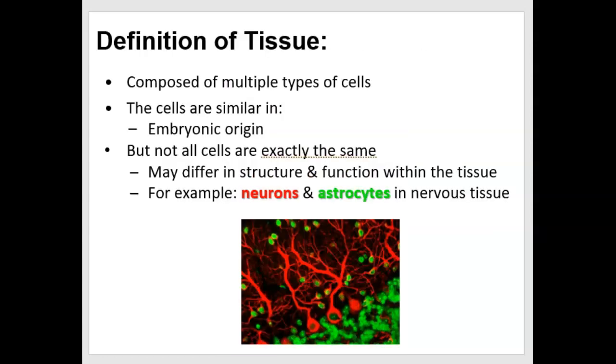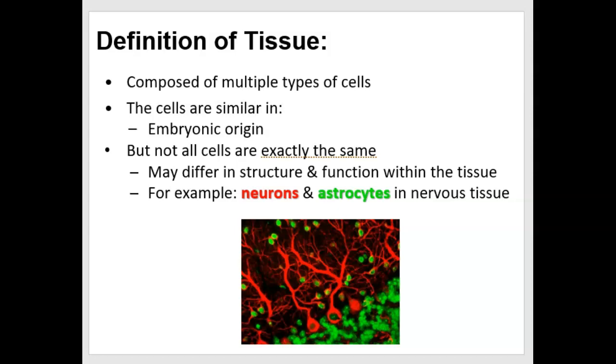So the definition of a tissue, our focal point for today, is a group of cells that are of multiple types, but all the cells are similar in where they originated in the embryo. Not all cells will be identical.